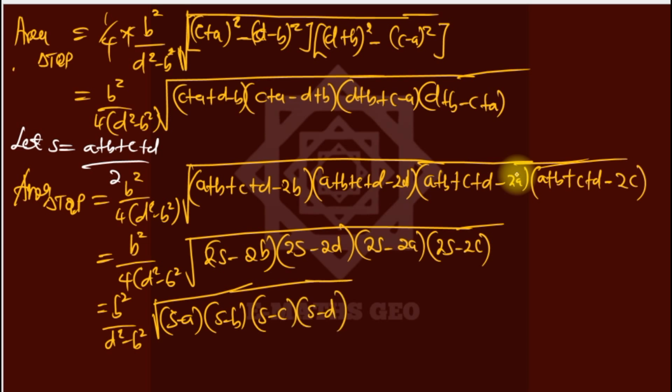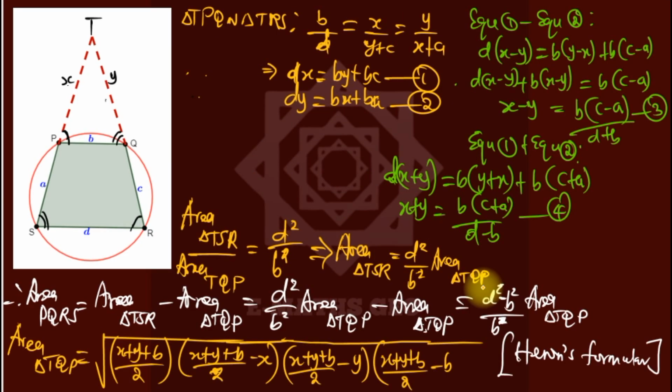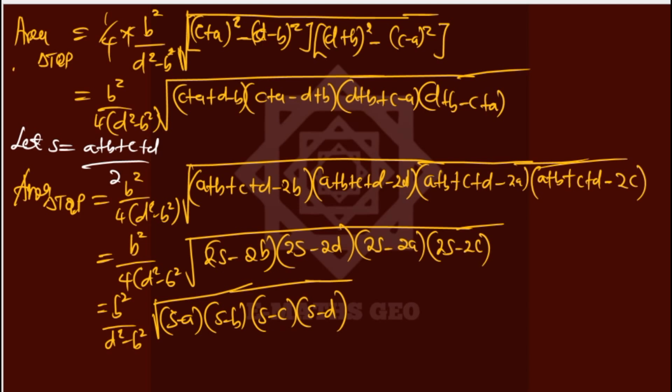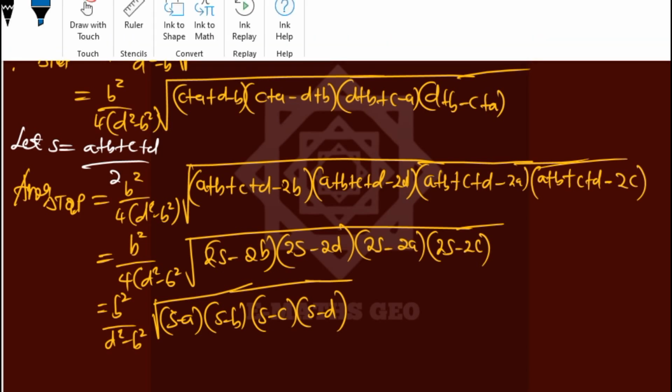But remember, this is the area of triangle TQP. So let's go back. You remember they said that the area of the quadrilateral is (d squared minus b squared) over b squared times that TQP. So if you substitute, we've gotten the formula.